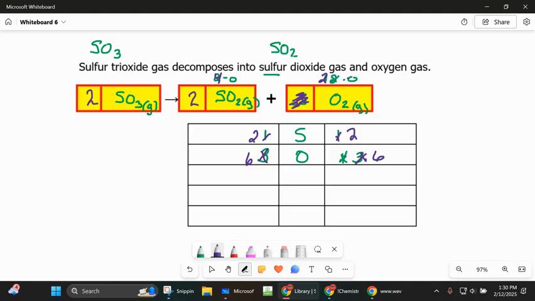Going back to your original. One here, and then one here. Two oxygens here, and then 4 oxygens. So we need to get the oxygens evened out.